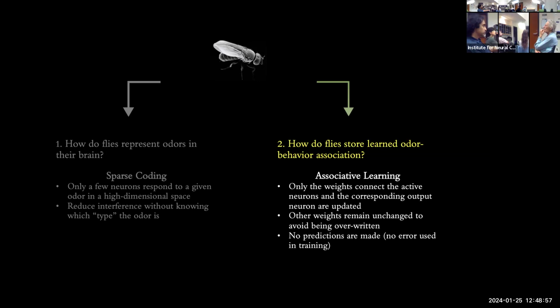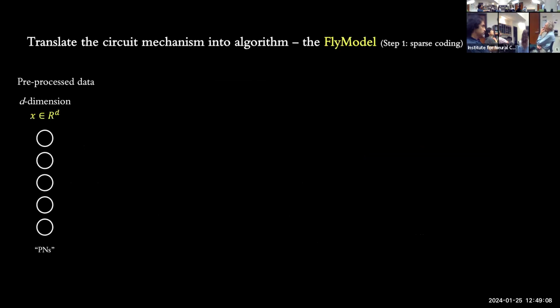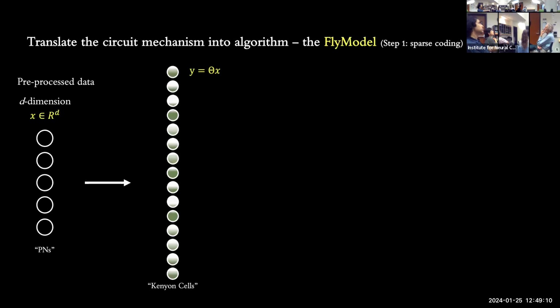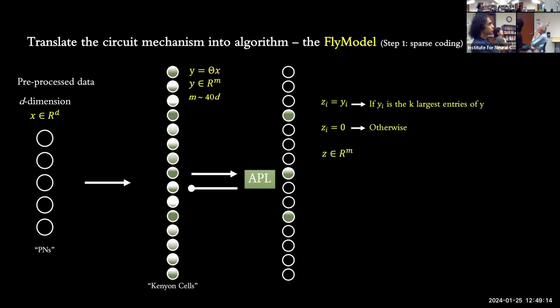Now we find two features of olfactory learning in the fly, and we want to translate them into an algorithm. So we started with an input vector and go through the dimension expansion and winner-take-all process, so that each input is now represented by a sparse vector in a very high dimensional space.